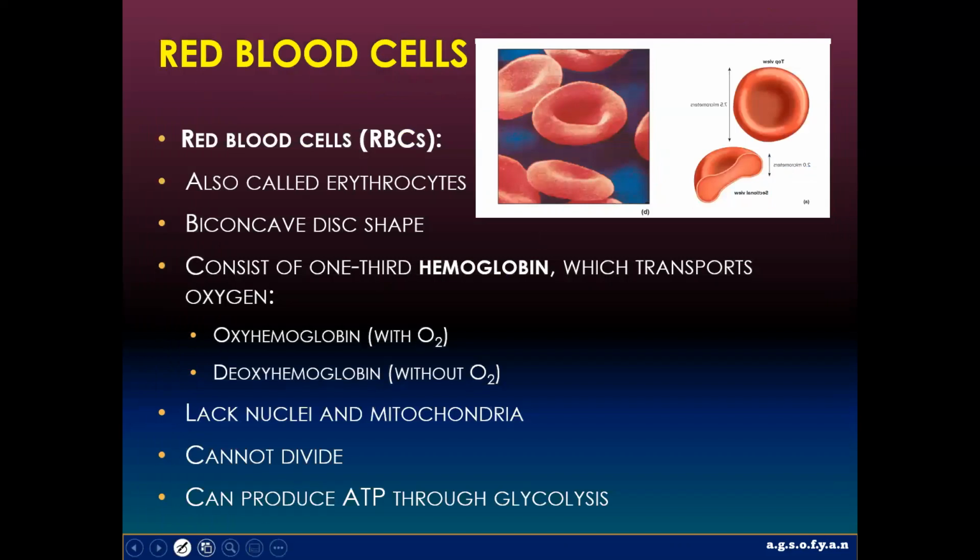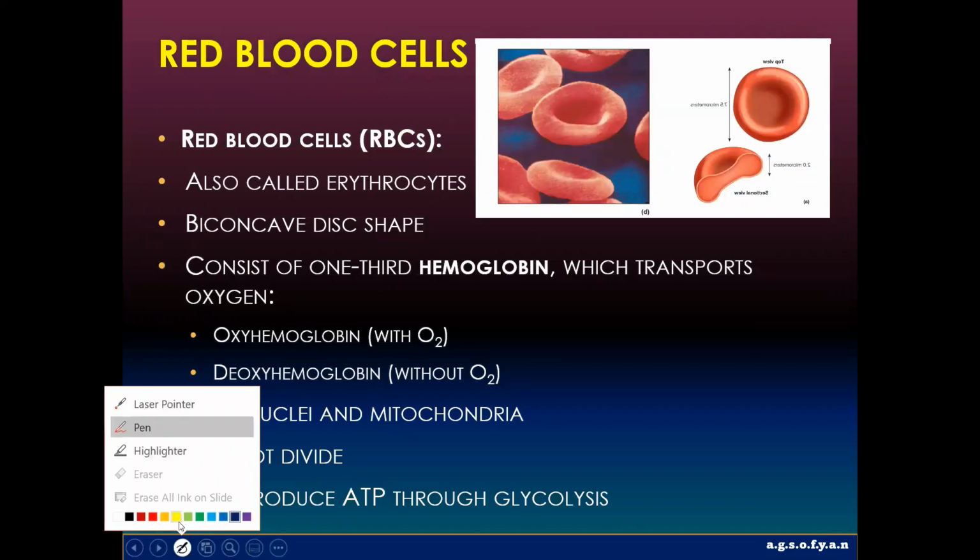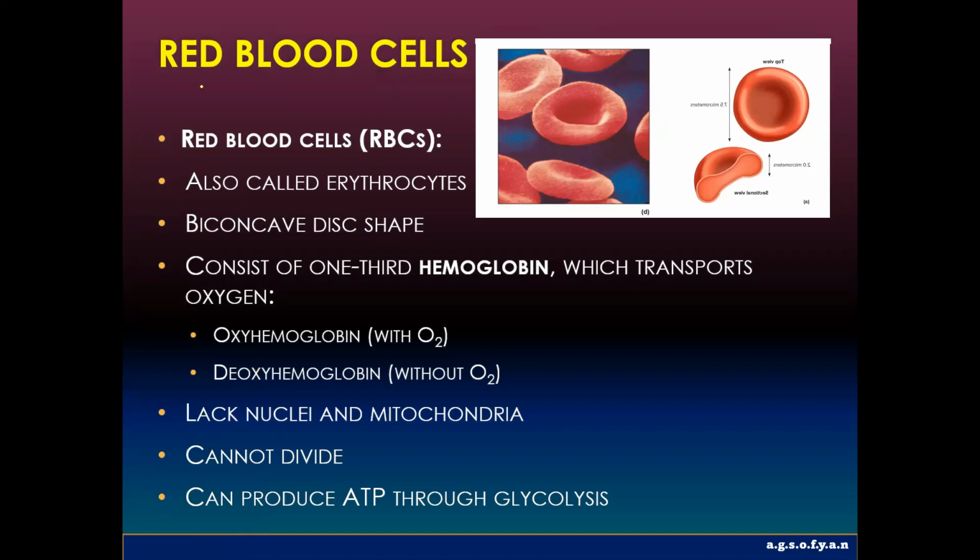Now we start with the first type of blood components or formed elements, which is the red blood cell. Again, this is the most abundant cell in our blood, accounting for about 95 to 99%. So there are a lot of red blood cells in our blood.